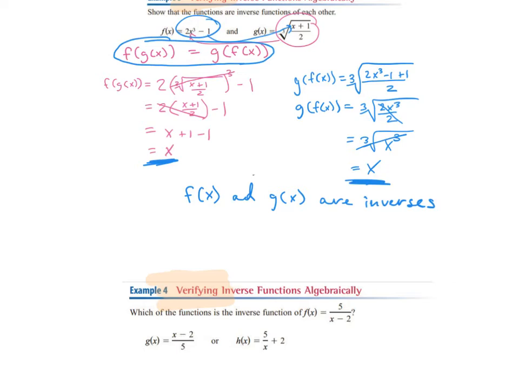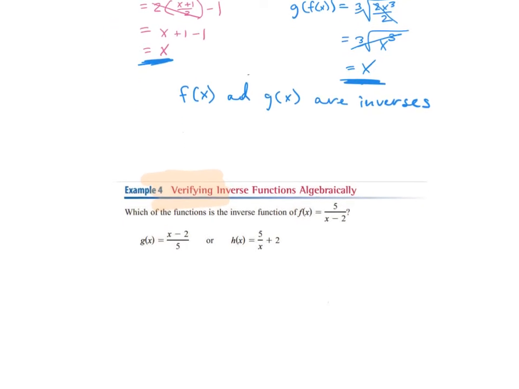But for these, we're just verifying. So in order to verify, we just need to show that f of g of x is equal to g of f of x. Oh, okay. Yeah, because I was like, on the homework yesterday, I thought they were like equal to each other.